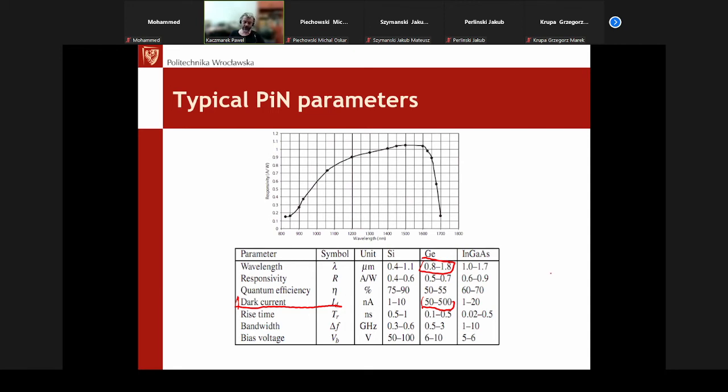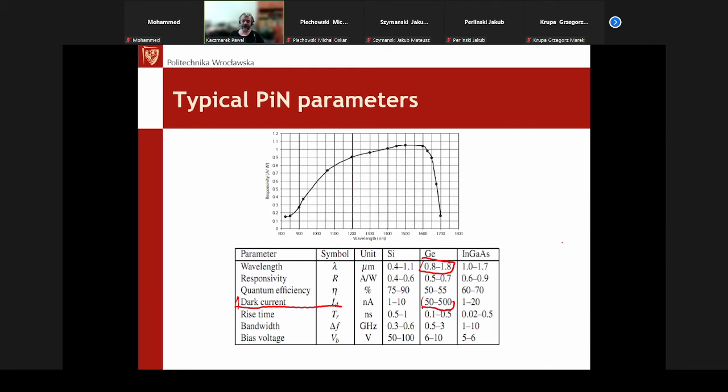Even without any photons going to the structure of the photodetector, we will have some current flowing through the junction and masking low intensity light.